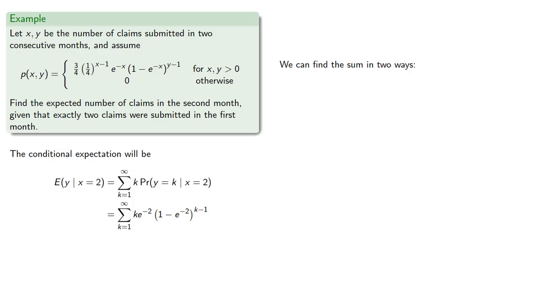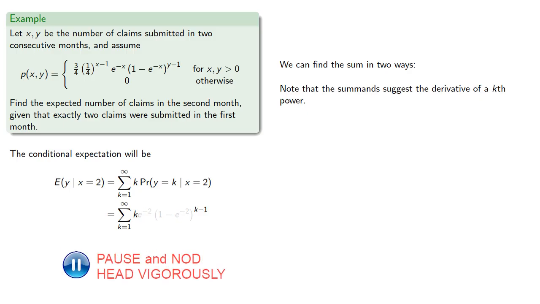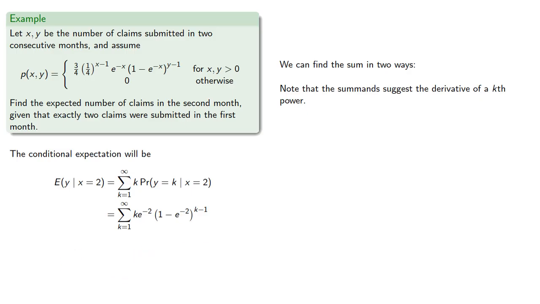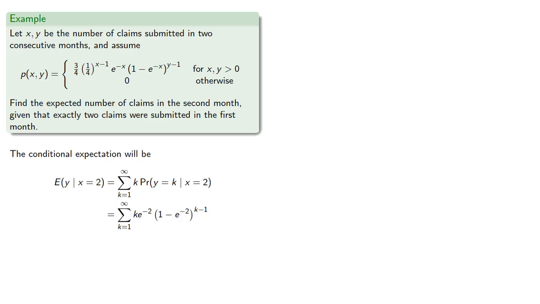Now we can find the sum in 2 ways. Notice that the summands are suggestive of the derivative of a kth power. And so that suggests we can obtain it by differentiating a power series. Now remember, 1 minus e to the negative 2 is some value, so let's let x be equal to 1 minus e to the power negative 2.